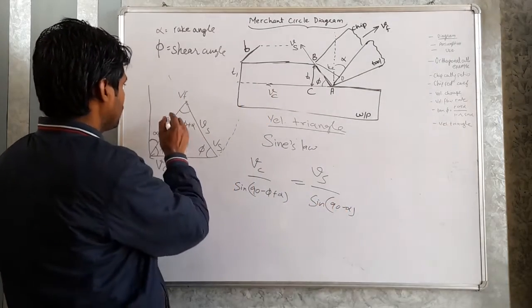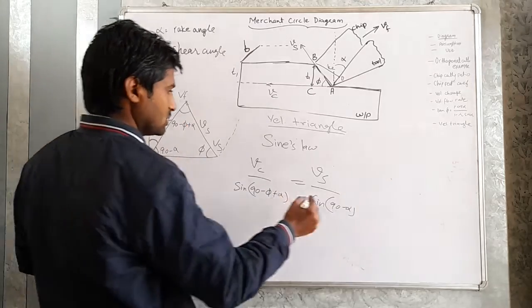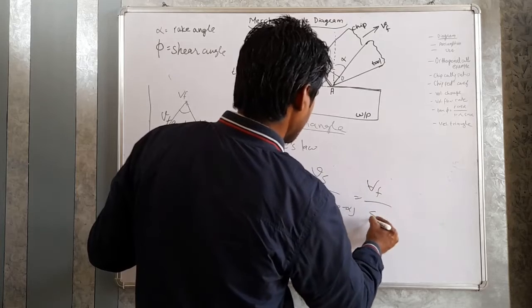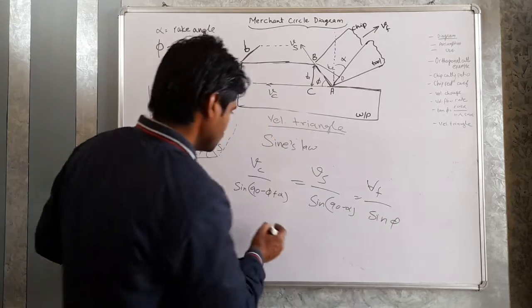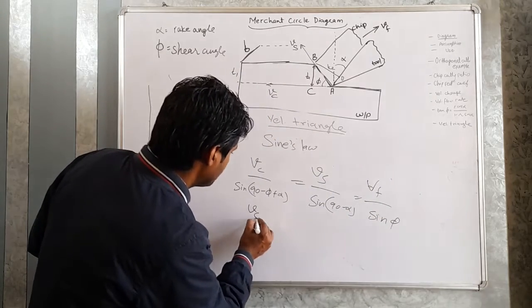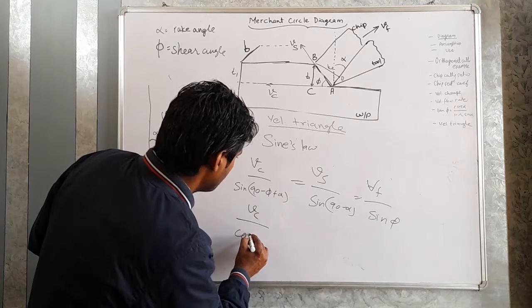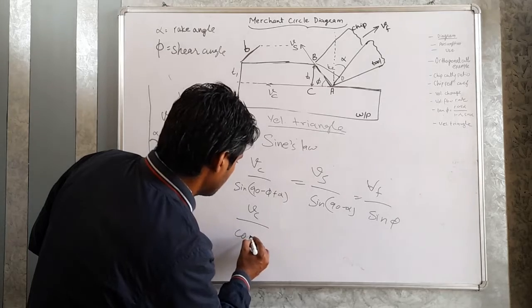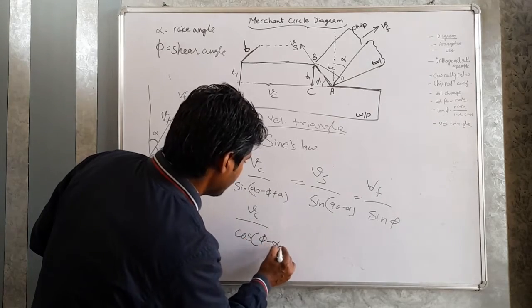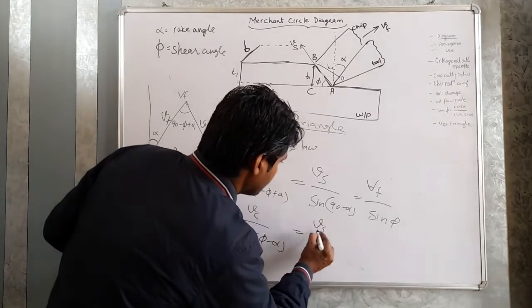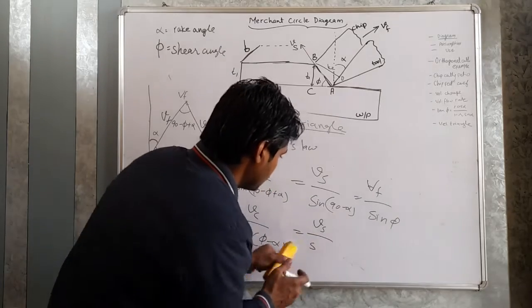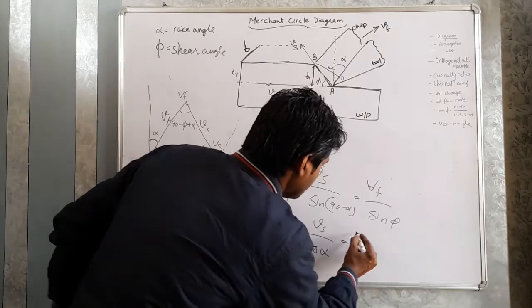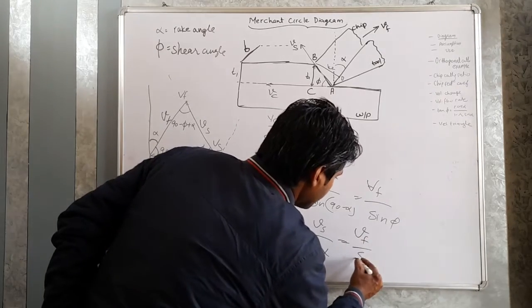Similarly for Vf, Vf divided by sine of phi. So this will become Vc by cos(phi minus alpha), equal to Vs by cos alpha, equal to Vf by sin phi.